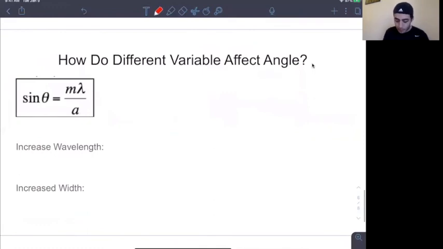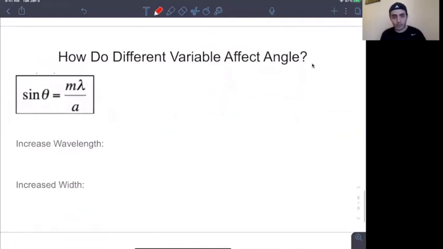I think the most important thing to realize with single slit interference is that the width and the wavelength can both affect the angle. So how does it do that? If we have an increase in wavelength, what will that do to the angle?